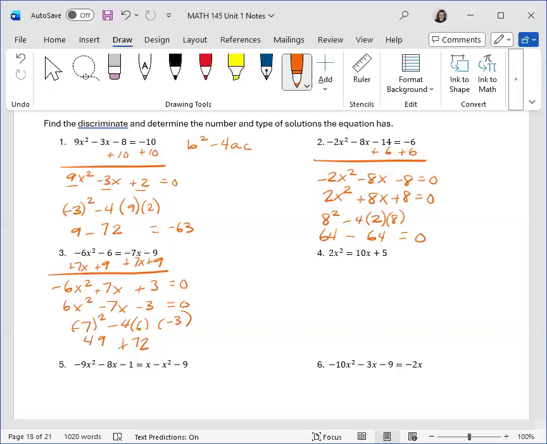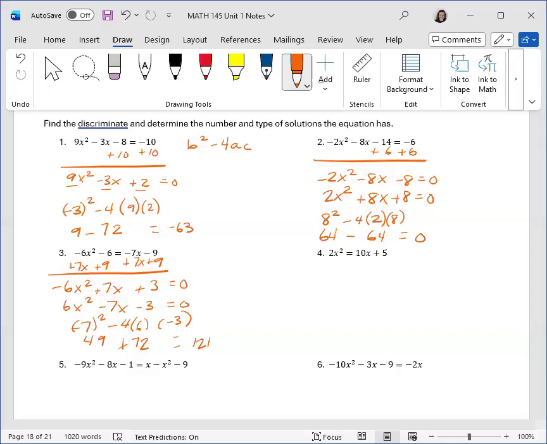Minus a negative makes positive. If I add those two numbers together, I get 121. That's a positive number, so I'm going to get two real solutions. And I can take the square root of 121, so I am going to get rational answers. So two rational, real solutions.